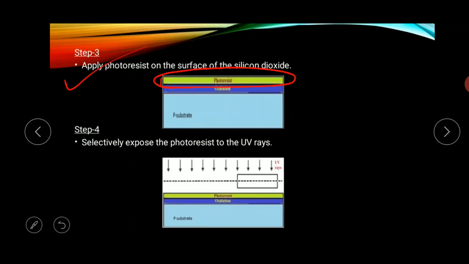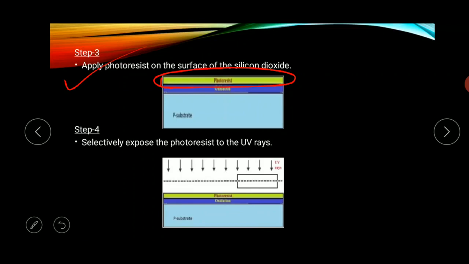As we know, photoresists are of two types, positive photoresist and negative photoresist. Positive photoresists are initially insoluble and become soluble after the application of UV rays, but negative photoresists are initially soluble and become insoluble after the application of UV rays.